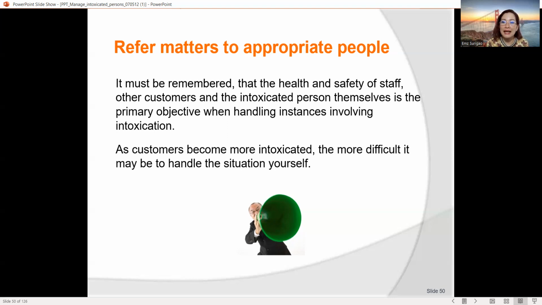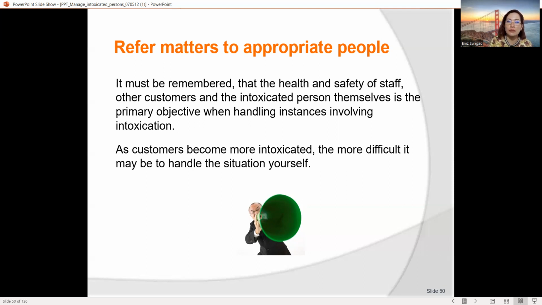So, in the service of alcohol, you need to consider everything, the health of your staff and yourself, because you don't know the type of customer who is there in your establishment. Maybe they are a person who has guns, or a person who was convicted before. Then when they get drunk, they will forget themselves and create chaos in your establishment.